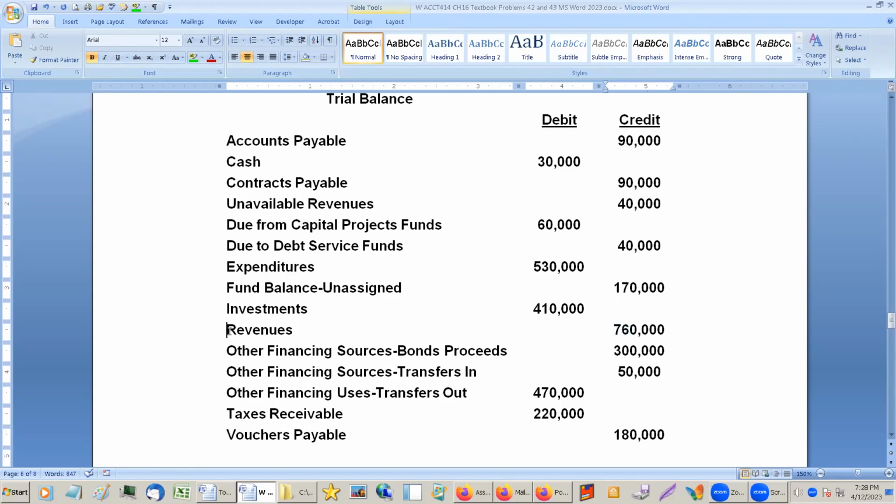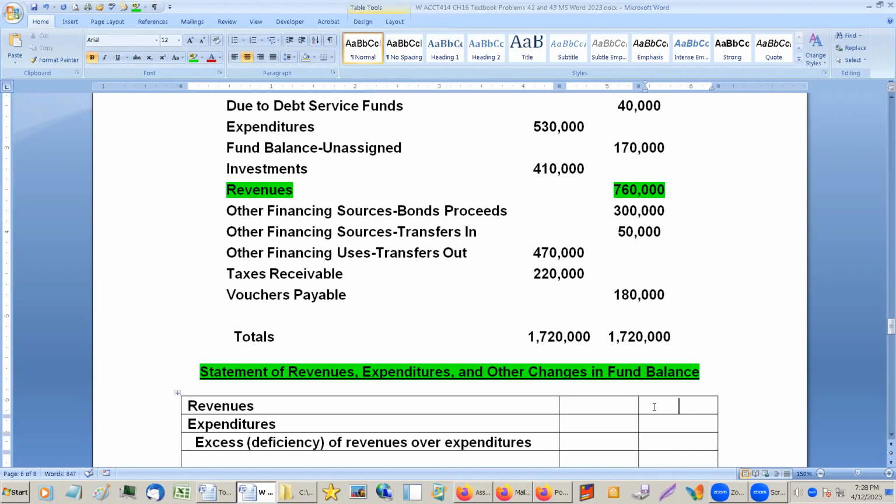We're just going to use a 760. So these are just going to go in by themselves, by the way. So this will just be the revenue 760. I'll mark these as green as we go. Okay, so this will be 760.